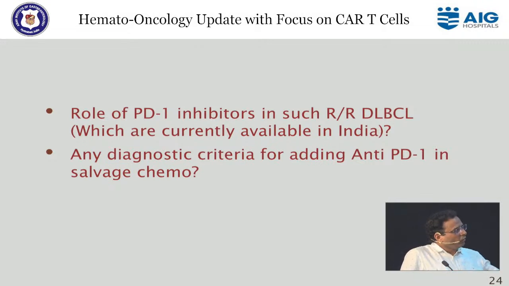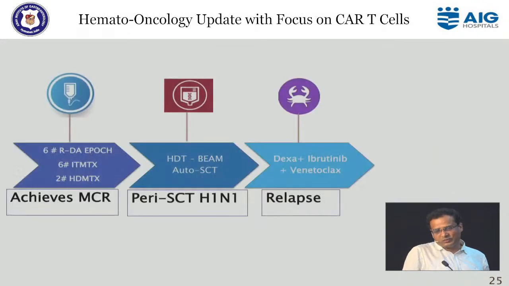So there are many novel therapeutics coming up. Whatever is available in India, I put before. PD-1 inhibitors, our oncology colleagues are using quite extensively. Is there any role of PD-1 inhibitors or venetoclax, ibrutinib, whatever is at our disposal? For checkpoint inhibitors, we have clear data in PMBCL.